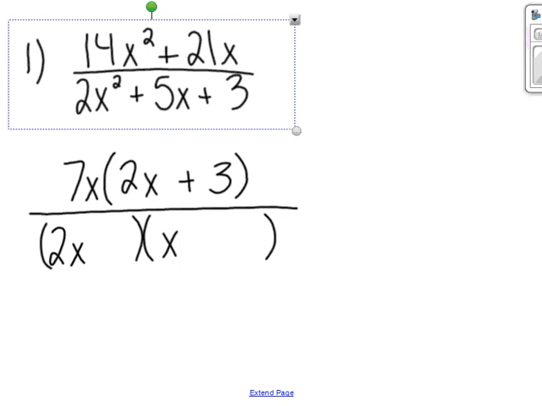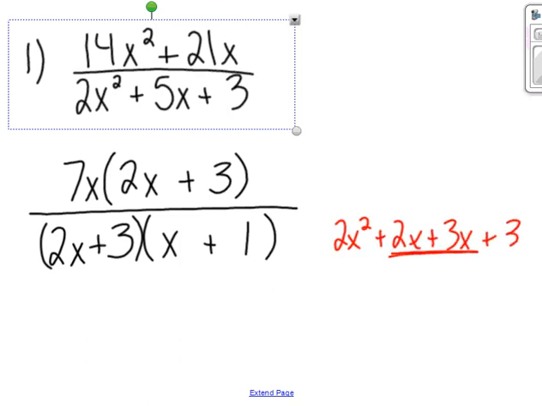So the combination that works for this is 3 and 1. Just to check it, you would get 2x squared when you distribute it, plus 2x plus 3x plus 3. And you know you did it right because 2x plus 3x equals 5x.